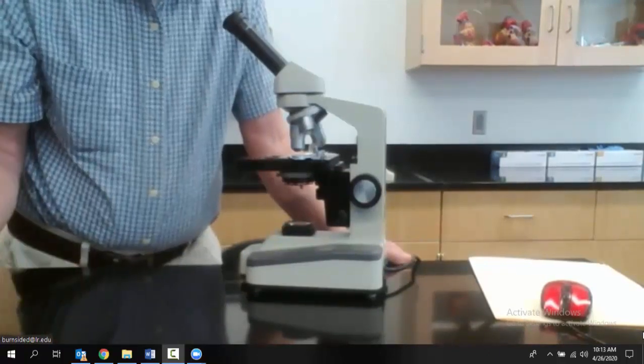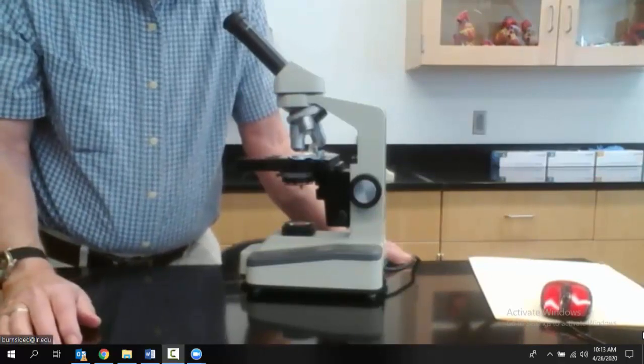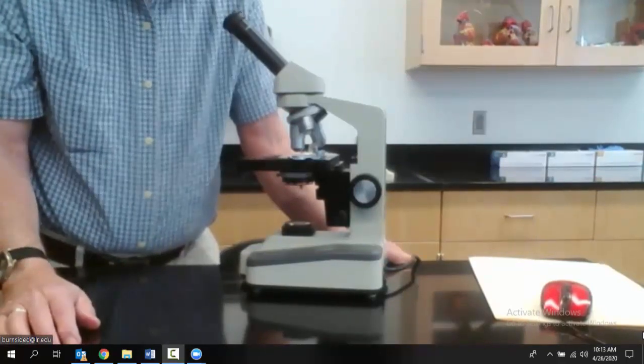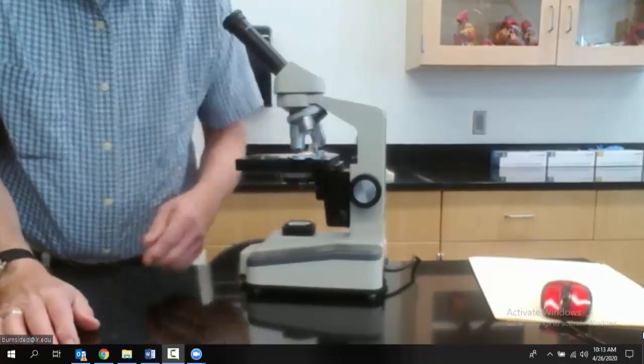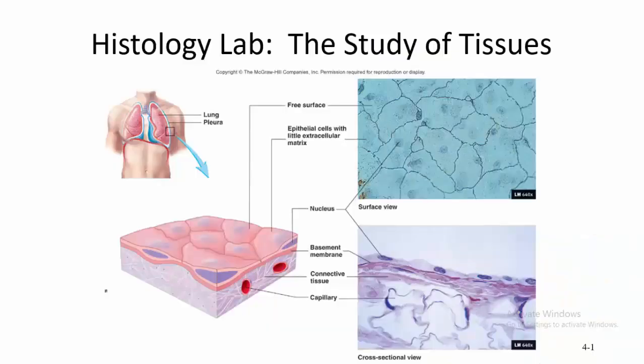In the next part of this video, I'm going to show you the different kinds of tissues as seen with a microscope. Now you've seen the microscope and the microscope slide. Let's see what we can look at with that system.